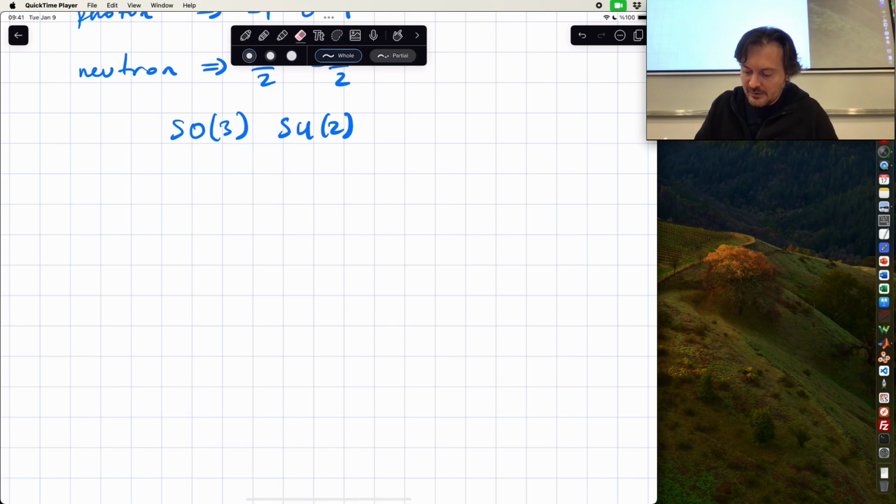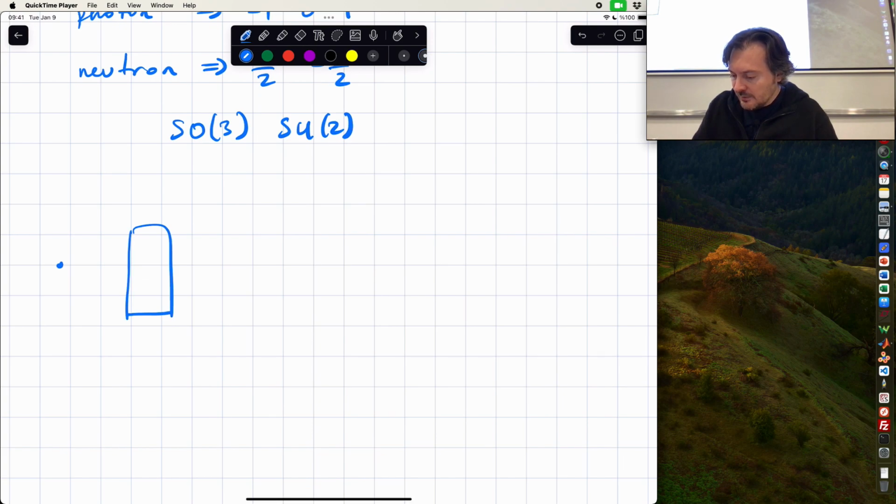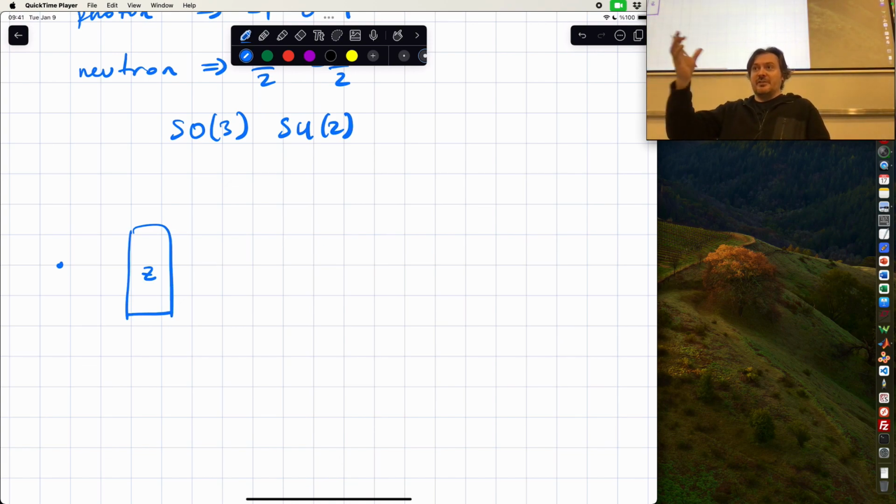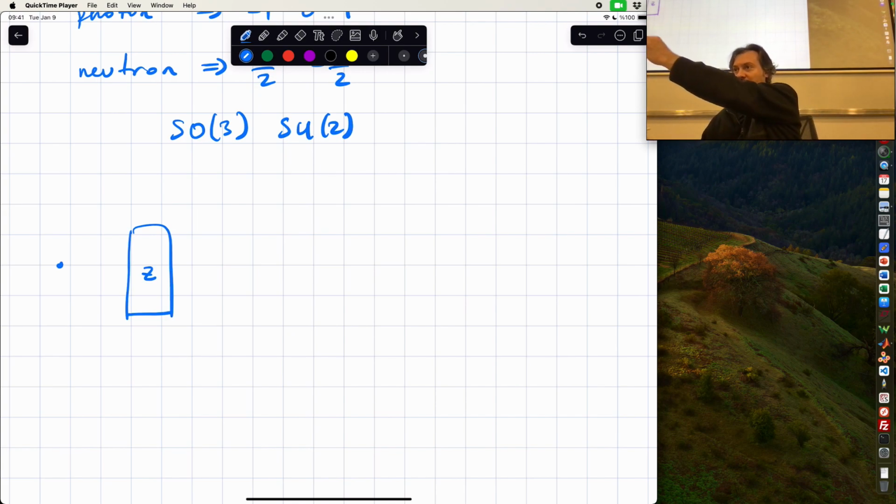Let's send the electron, okay, into an apparatus that has a magnetic field in z direction. By the way, the other interesting weird thing is that when the apparatus is in z direction, they get separated in z direction. That's already weird.